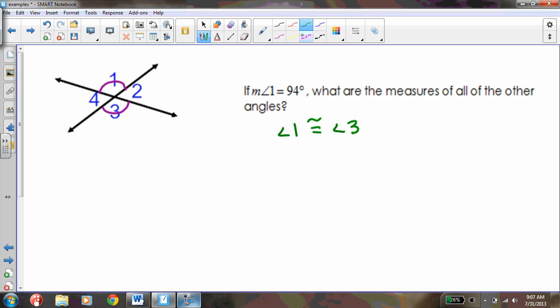I also see that angle 2 and angle 4 are vertical angles. So they are also congruent to each other, but not necessarily congruent to angle 1 and angle 3.